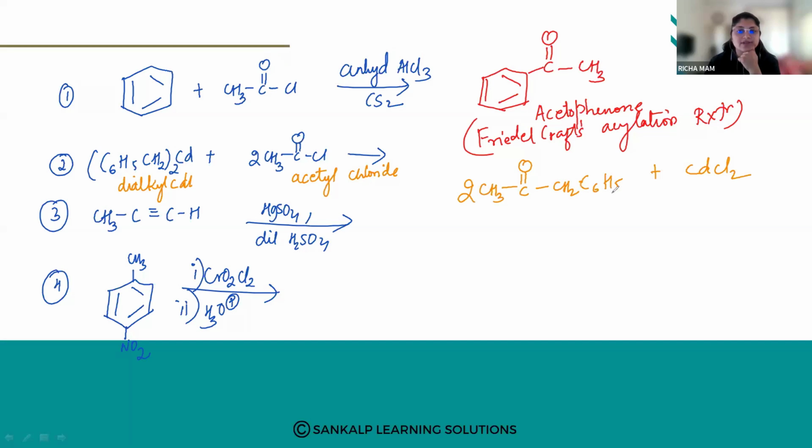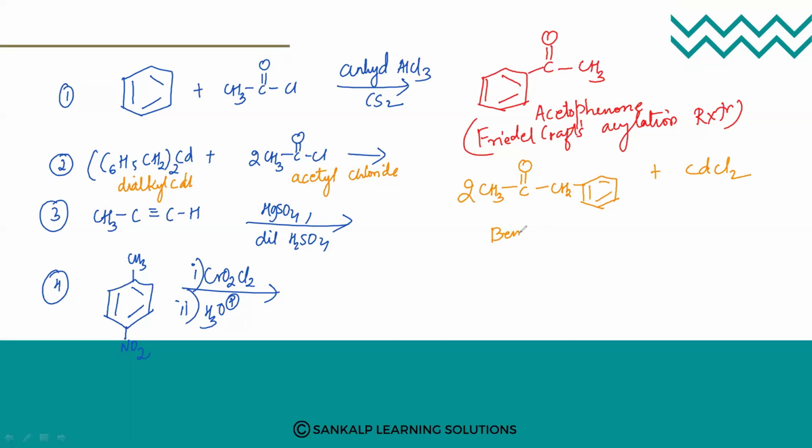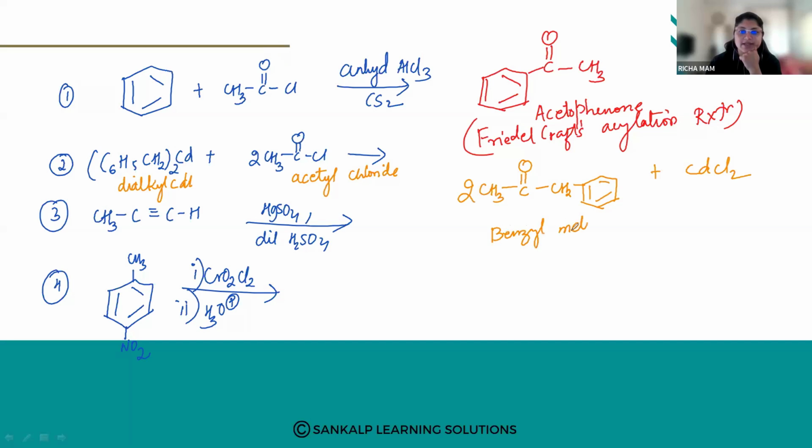Okay, so this is the compound we are going to get. This is a benzyl group. How will it appear? I'll show you. CH2 with a benzene group is called benzyl. So it is a benzyl methyl ketone. This is our product.